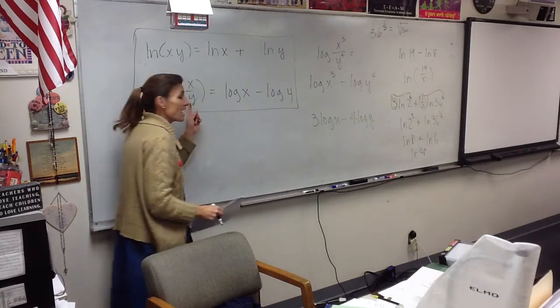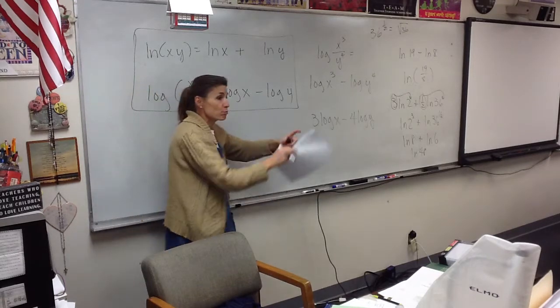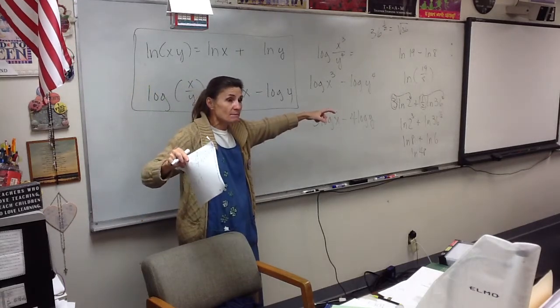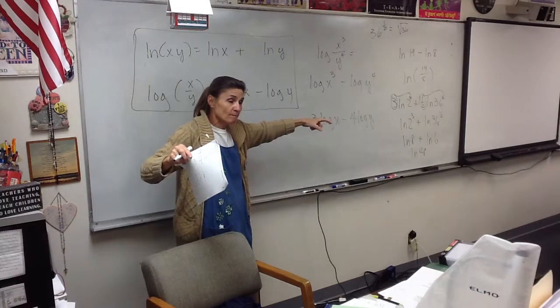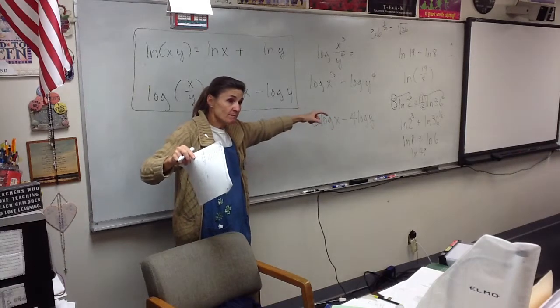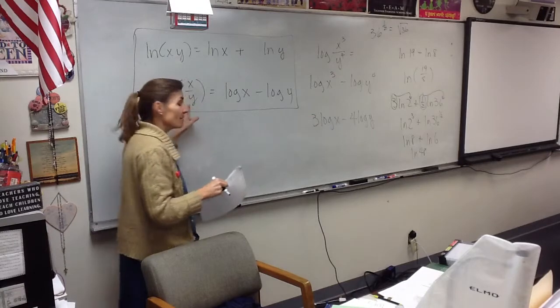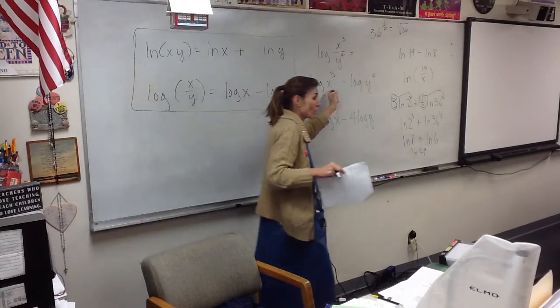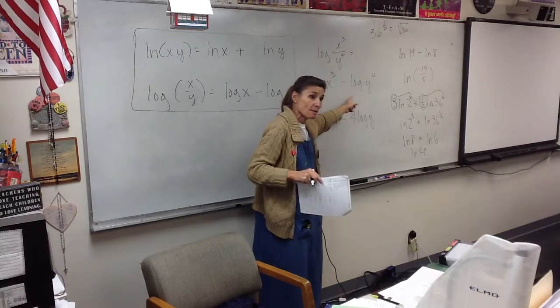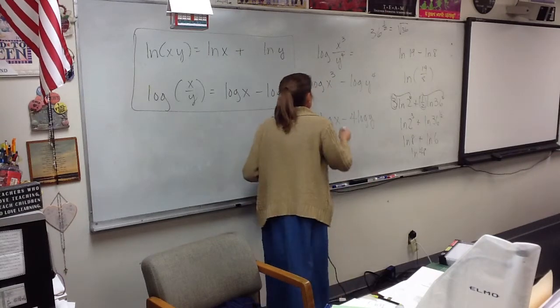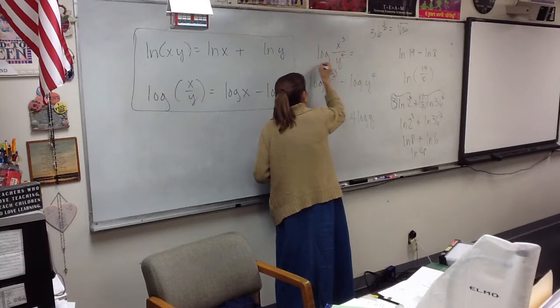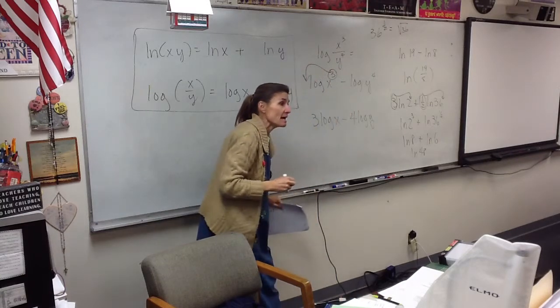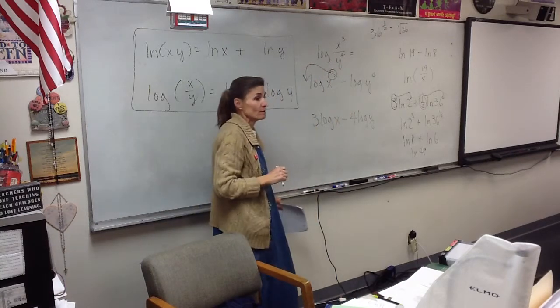I know that when I have a division problem, when I break it apart, it becomes a subtraction. So this would be my first step, right? And then an exponent is the same as a coefficient in logarithm land.